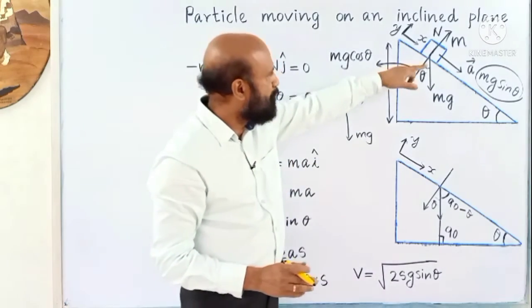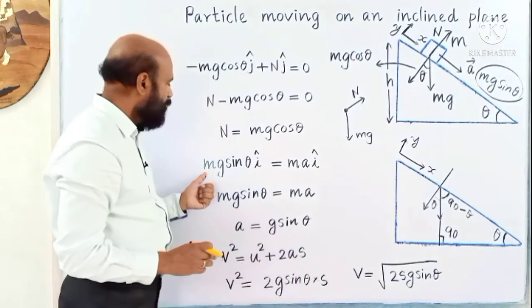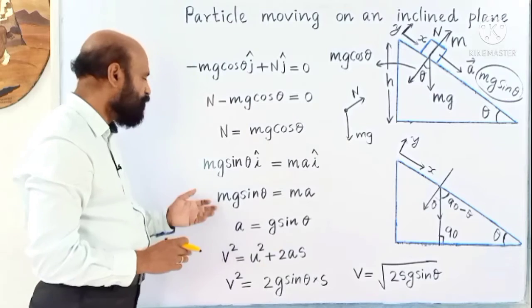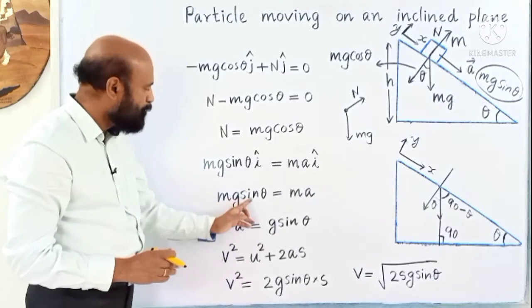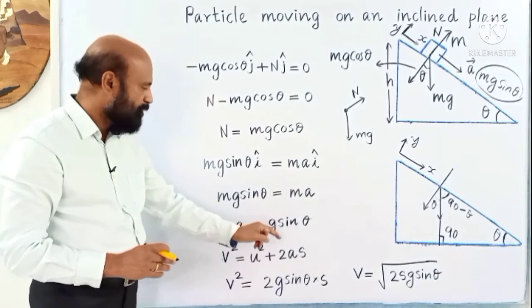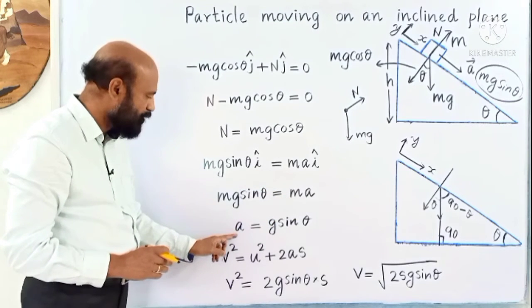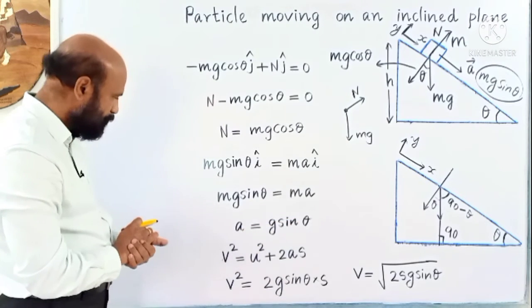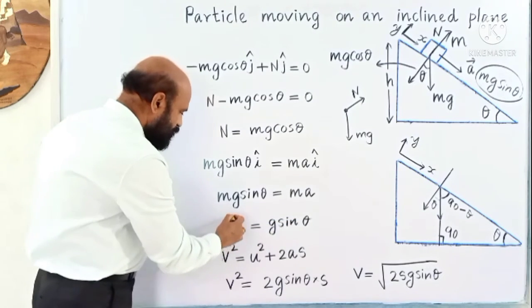Here we have not considered the friction. So mg sin theta i cap is equal to m a i cap. When we compare the components, mg sin theta is equal to ma. Then this m will get cancelled, so you will get an expression for acceleration: a is equal to g sin theta. So this is the acceleration.